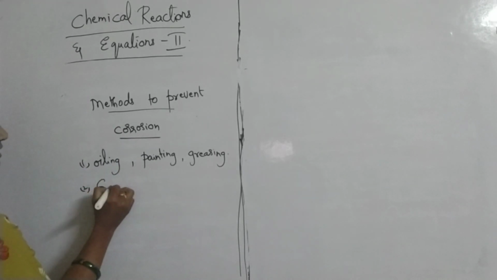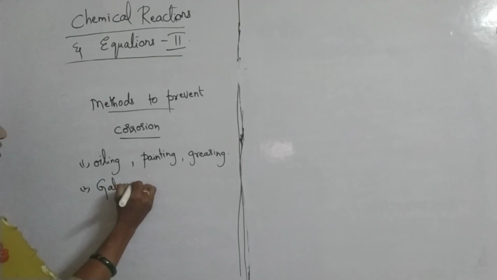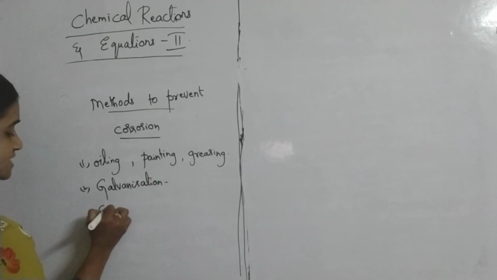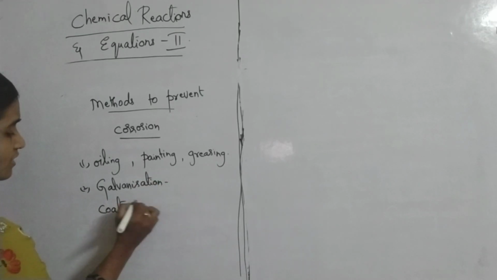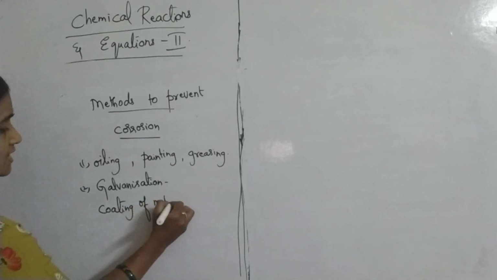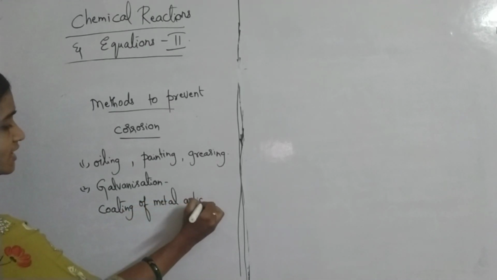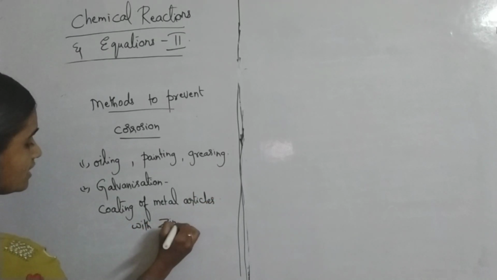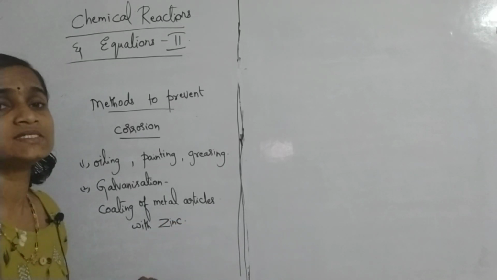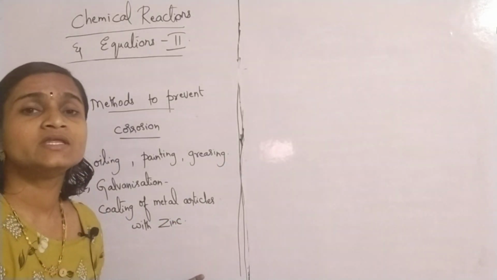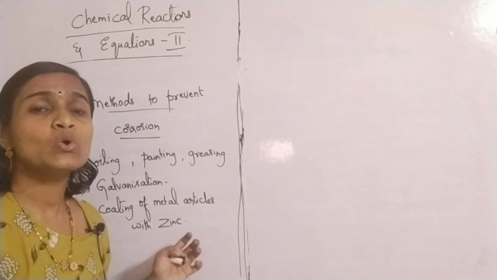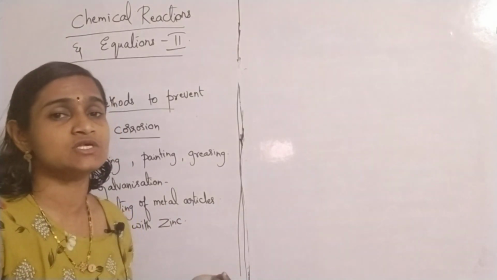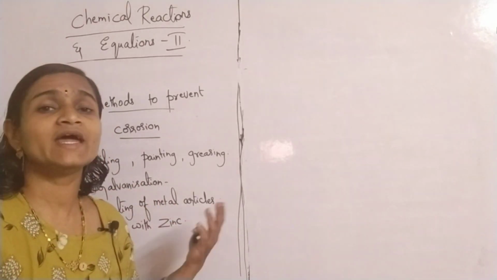And you have another method called what? Galvanization. Galvanization means coating of metal articles with zinc. Nowadays you observe that bridges and railings of bridges are coated with zinc, so that however much they are exposed to atmospheric oxygen, they never get corroded.